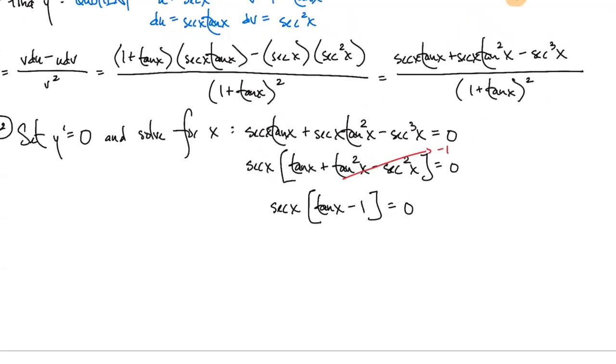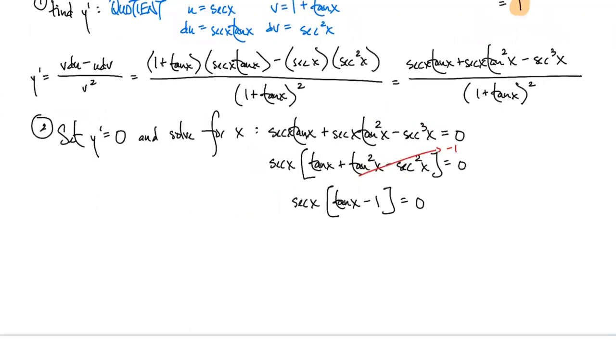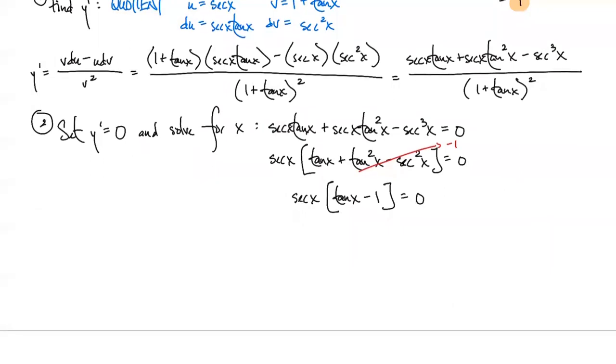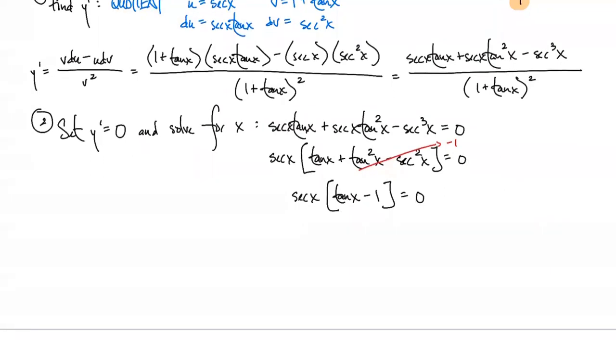All right, all that long piece of work, once we simplified by distributing and then using a Pythagorean identity, we're able to get down to secant x times tangent x minus 1 equals 0. Well, this makes it a lot easier for us to find the values between 0 and 2 pi that work.